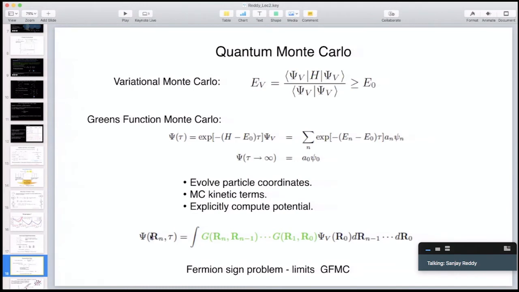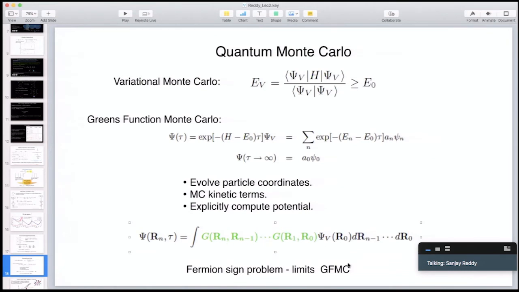Mathematically this is quite tricky, and the actual evolution of the coordinates as a function of imaginary time is shown by this expression, where this function G that takes you from n to n minus 1 is called the Green's function of this evolution.